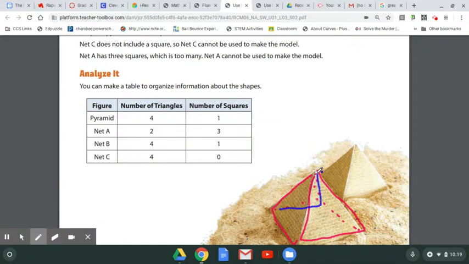Then in back you have another face. That's 3. And then one that you can't see is 4. So 4 triangles and 1 square. Now, these were the other nets, and none of them fit except for net B.